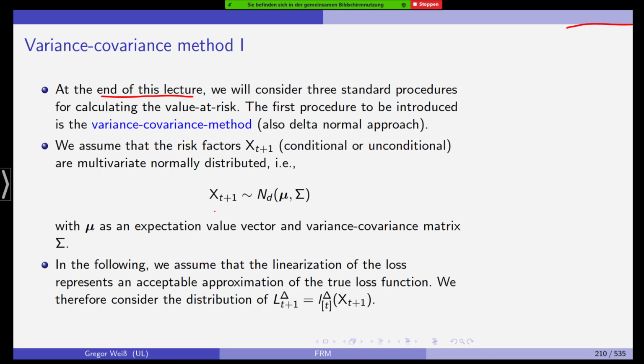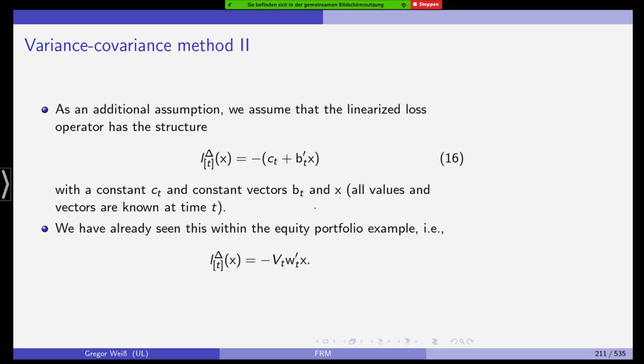So we have x_{t+1} distributed according to a multivariate normal distribution with expectation vector mu and variance covariance matrix sigma, and we assume that we are either given the normal distribution, that it's an assumption, or it's the result of a linearization, but we assume that the risk factors are normally distributed.